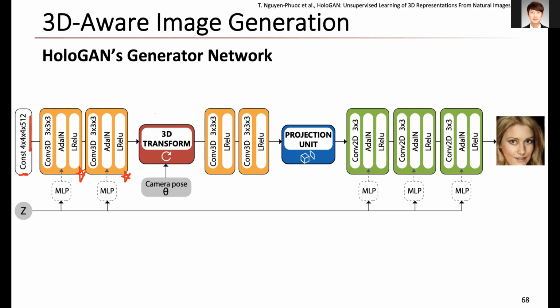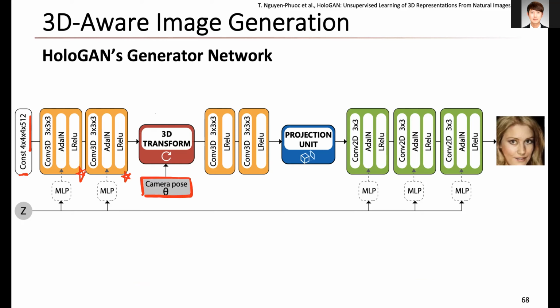And if we have a random camera pose theta, then we just apply a 3D transform. Because this is a 3D tensor, we can transform it in a 3D manner. So by using the camera pose, we transform the 3D tensor, apply two more convolution layers, project it to the 2D images, and apply the 2D convolution layers to generate the images.